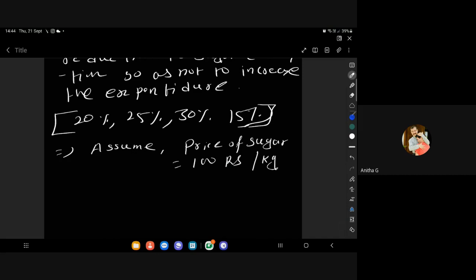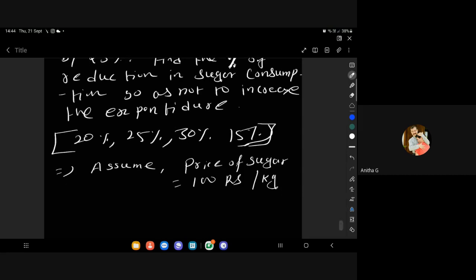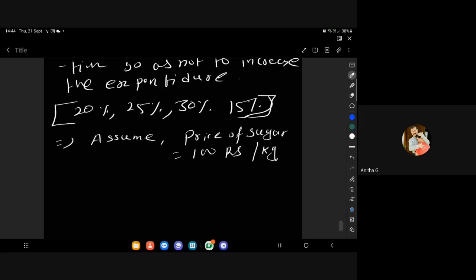This is before the increase of price. Now after the 25% increase, the new price of sugar is how much?